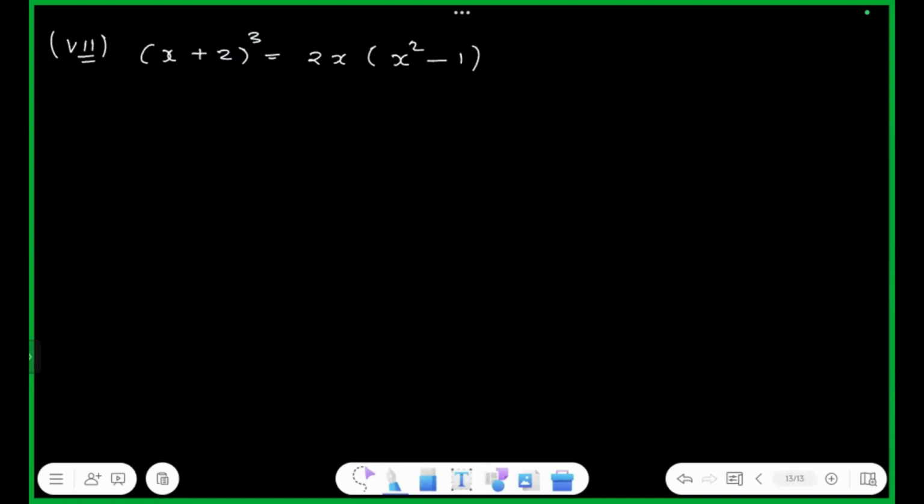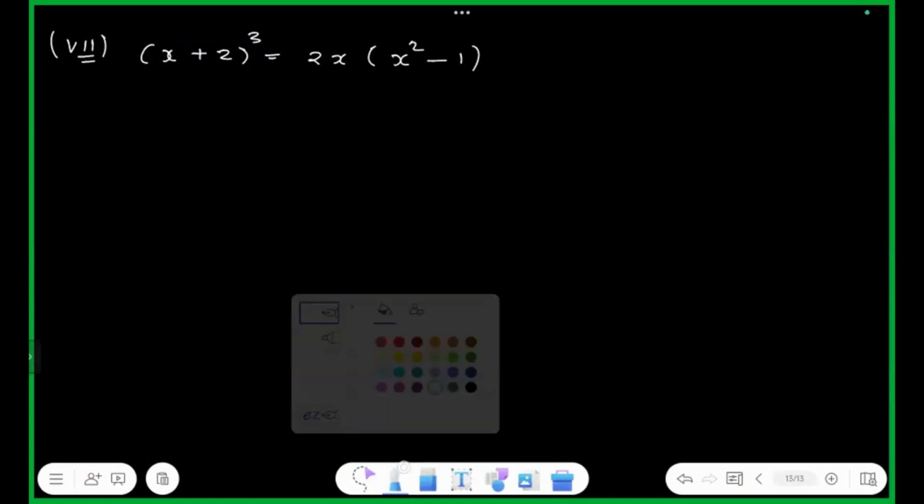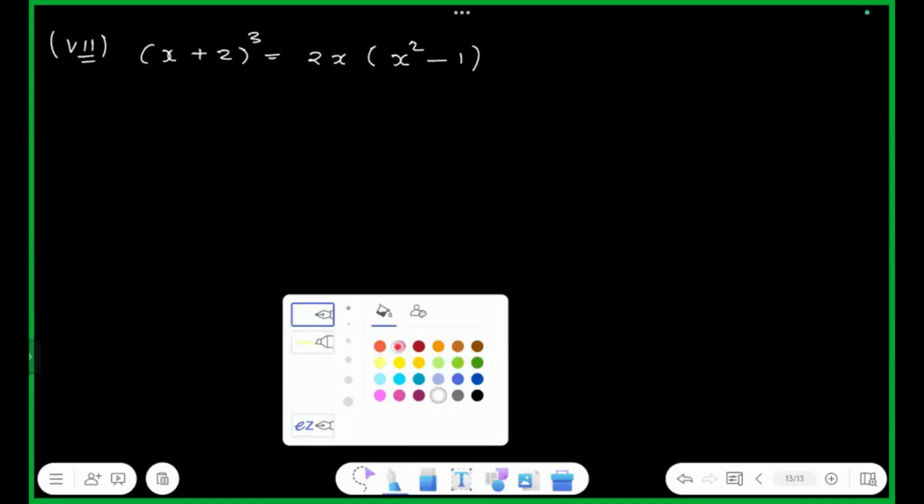Question number 7 is x plus 2 whole cube is equal to 2x into x square minus 1. Here, how can we expand this x plus 2 whole cube? We know one identity, a plus b whole cube. By using that, we will expand x plus 2 whole cube.